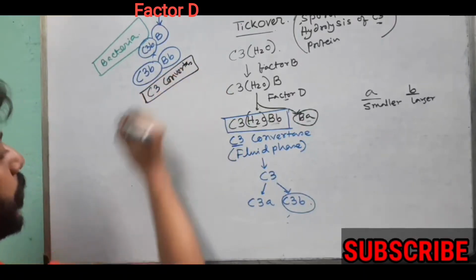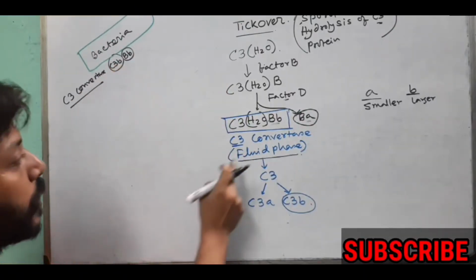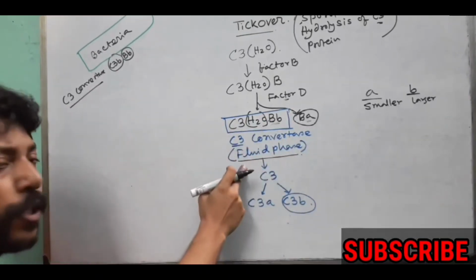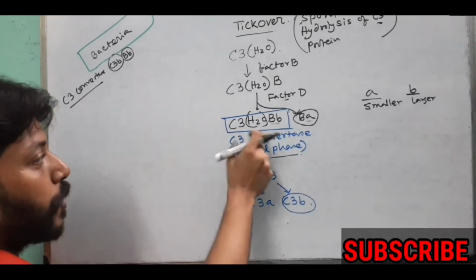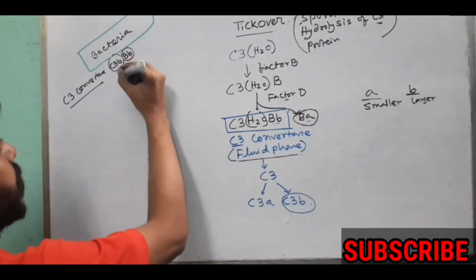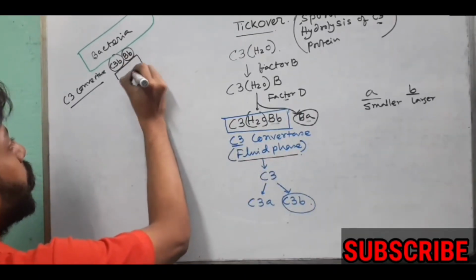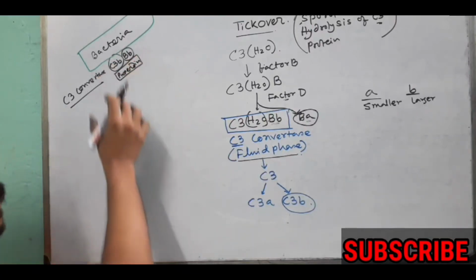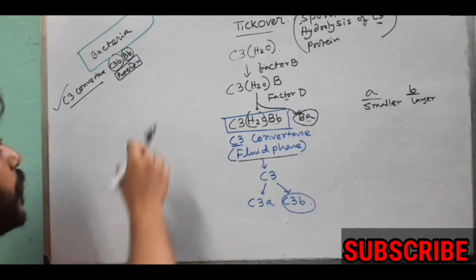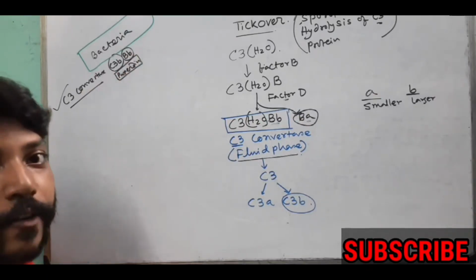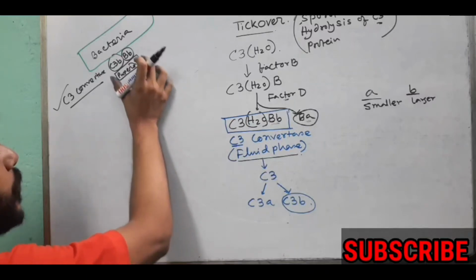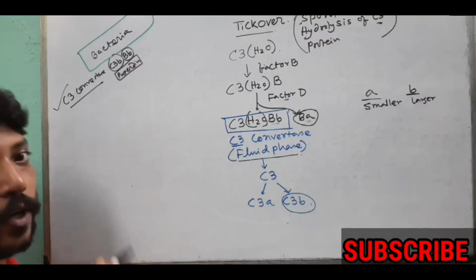Here is a difference between this C3 convertase and the fluid phase one: in the fluid phase the C3 convertase gets degraded very rapidly, but in this case a protein called properdin stabilizes the C3 convertase enzyme. Stabilize means now this protein cannot be degraded very rapidly.